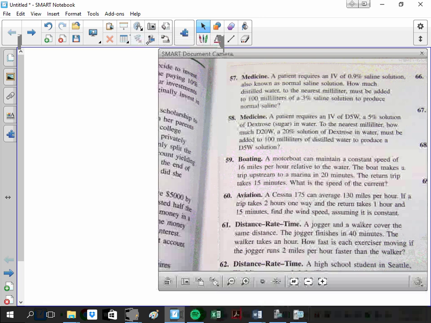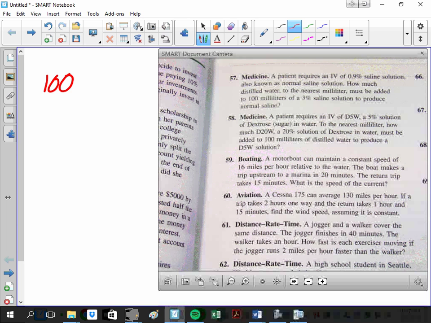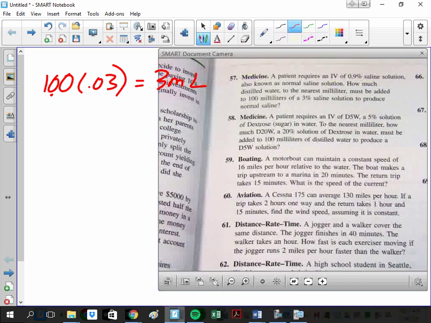Okay, here's another way to do it. We could start with the idea of how much salt is there to begin with. So we take that 100 and we times it by 0.03. So of that 100 milliliters, 3 milliliters would be pure salt. So my original amount is still going to have 3 milliliters of salt.